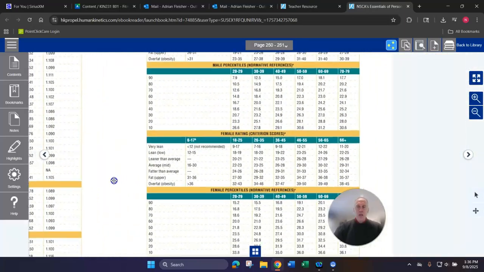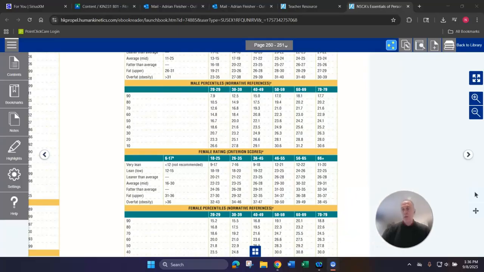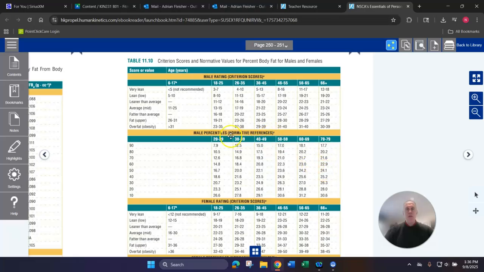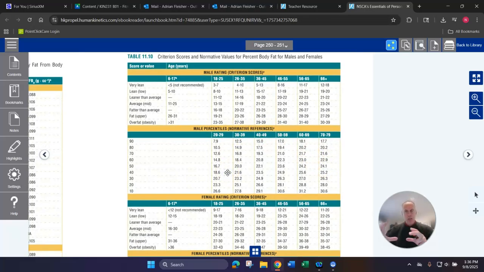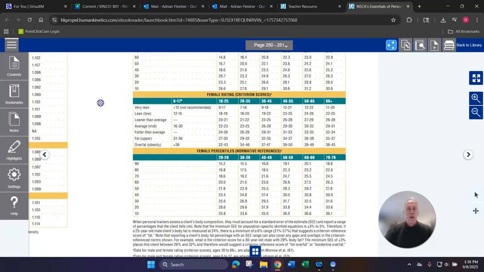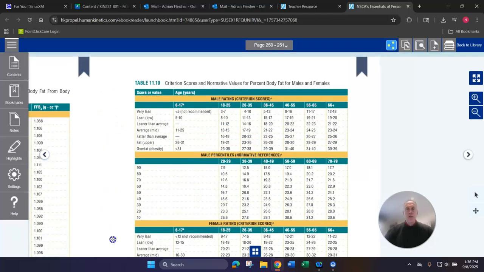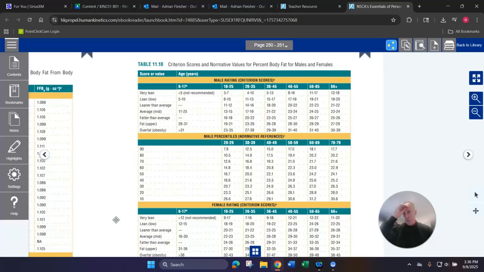If we really look at what you need to evaluate for this lab, we get into table 11.10. In table 11.10, you have 2 main broad-based categories. At the top, you have male rating for criterion-based scores, and then you have normative references. If we look a little further down, you have very much the same except for females, criterion scores and female percentiles or normative references. If we just take a look up top, let's look at male rating, and let's presume you have a 50-year-old male who has 18% body fat.